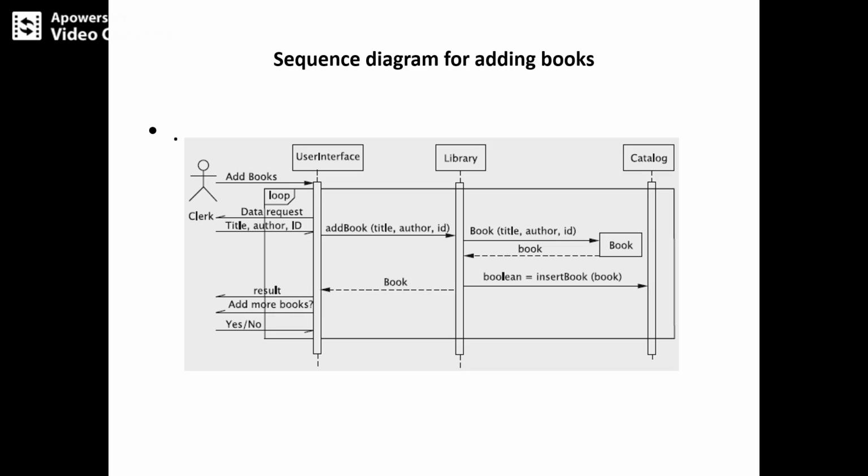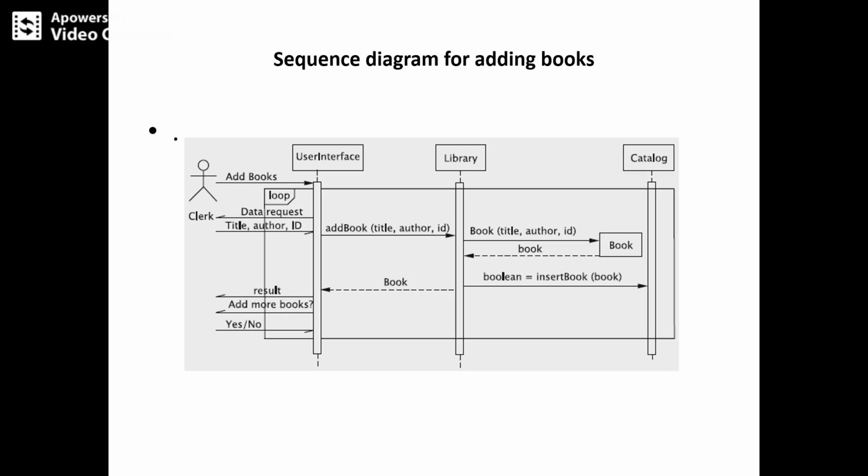It returns a Boolean, the insert a book to the catalog. This arrow mark is connected to the Catalog class.